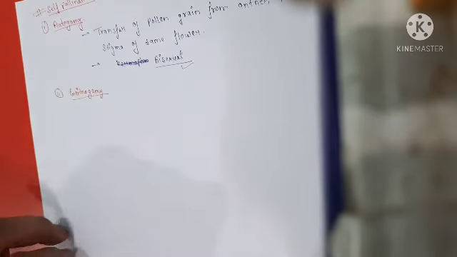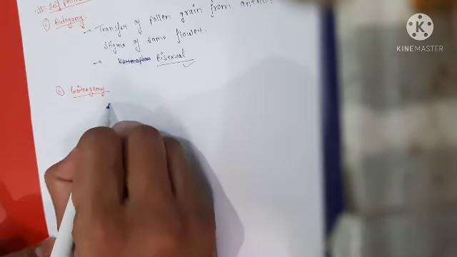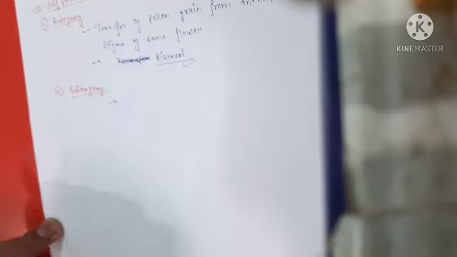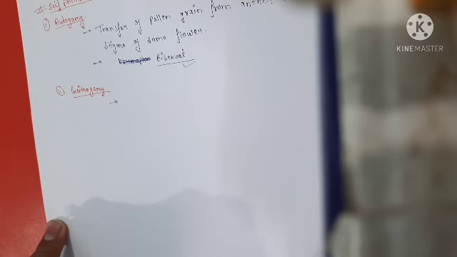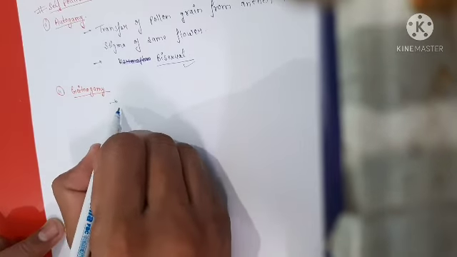So friends, what is geitonogamy? Geitonogamy is a type of self pollination in which there is transfer of pollen grain from anther to stigma of a different flower of the same plant. Firstly we will write it, so you can understand more easily.